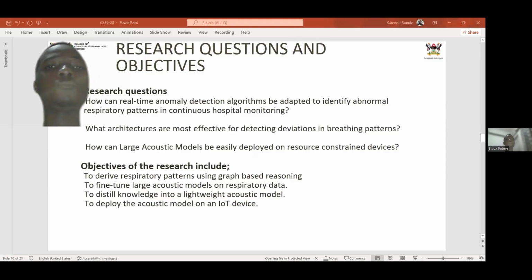Then the second question was: what architectures are most effective for detecting deviations in breathing patterns? The large acoustic models, those already trained models on massive sound datasets, offer strong transfer learning. How can large acoustic models be easily deployed in resource-constrained settings?